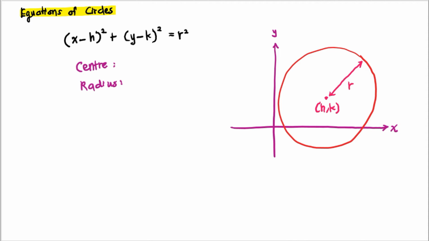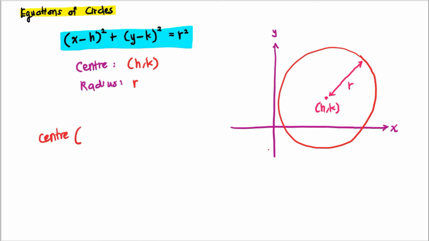Then we have the equation of the circle in this form: (x minus h) squared plus (y minus k) squared is equal to r squared, where the center is (h, k) and the radius is r.